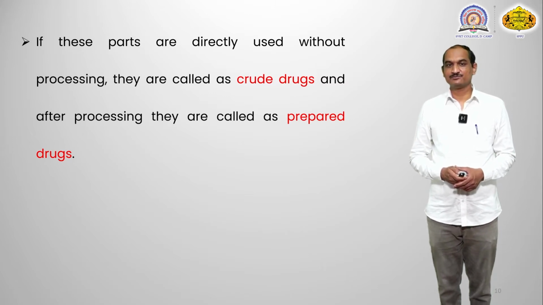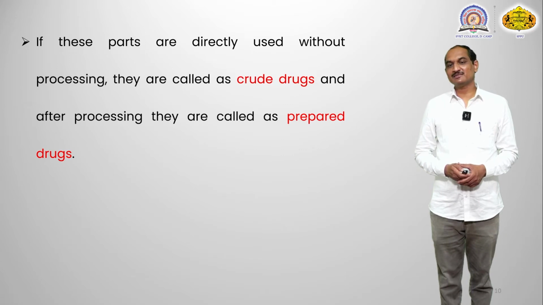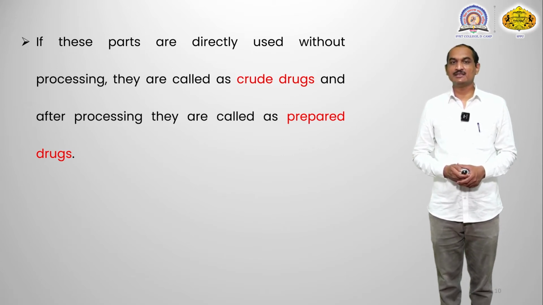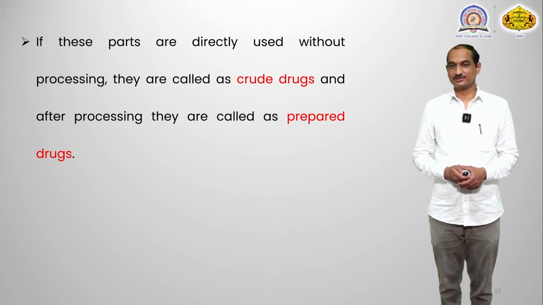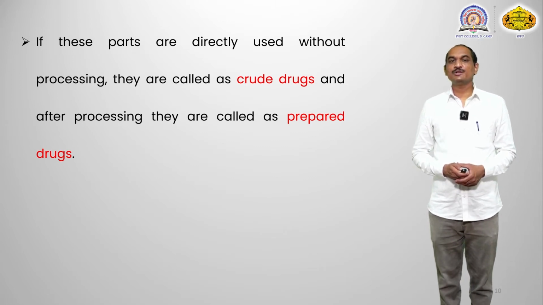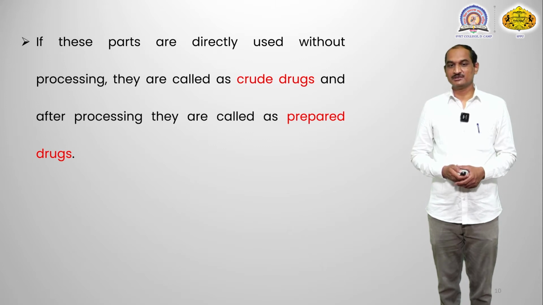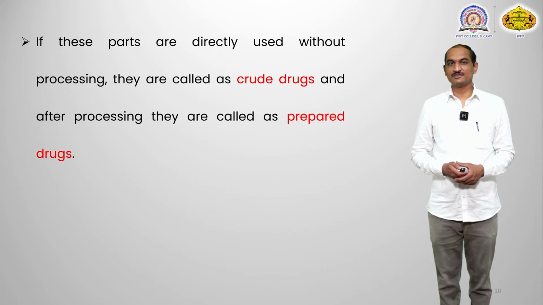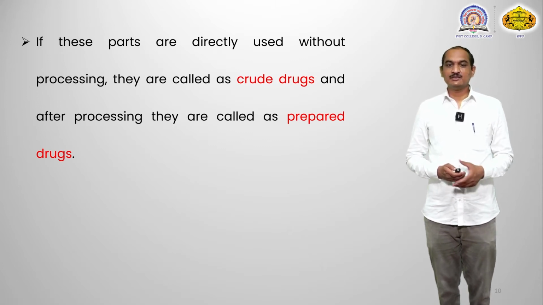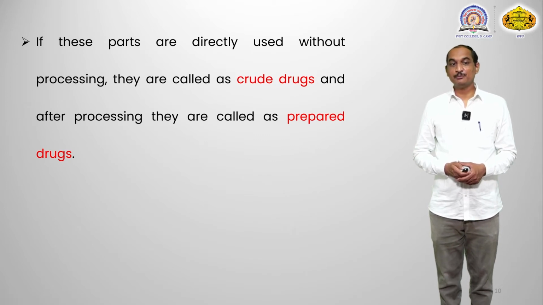If these parts are directly used without any processing, then such drugs are called crude drugs. Okay, and when we use these parts after processing, doing some process, then these types of drugs are called prepared drugs.